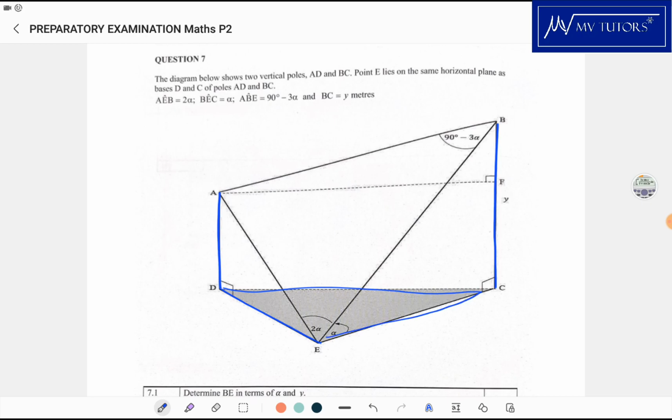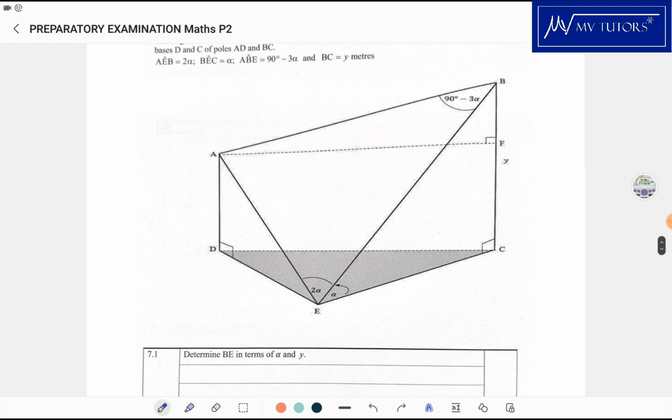Angle E in AEB is 2 alpha, and angle E in BEC is alpha. Angle B in ABE is 90 minus 3 alpha, and BC is y meters. Determine BE in terms of alpha and y.